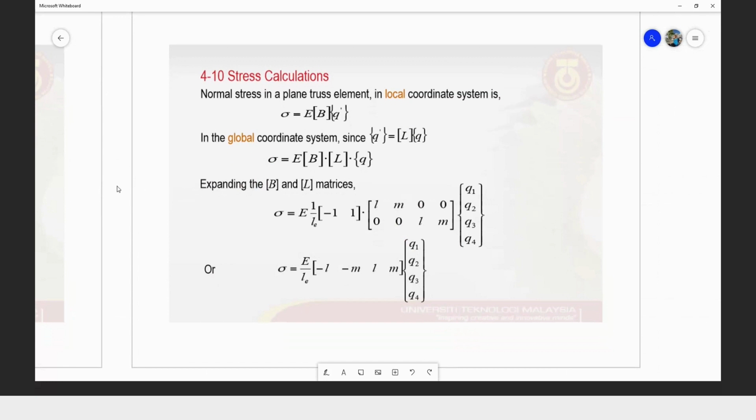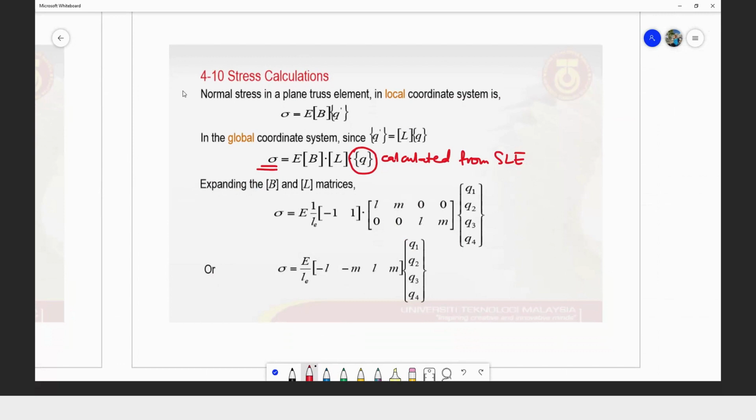So now let's look at the stress calculation. In order to determine the stress, similar to the 1D bar problem, we have to first solve the system of linear equations in order to obtain Q. Q is calculated from the system of linear equations. If you didn't solve the system of linear equations, most probably you are not going to be able to solve for the stress and strain and also the field displacement of your structure.